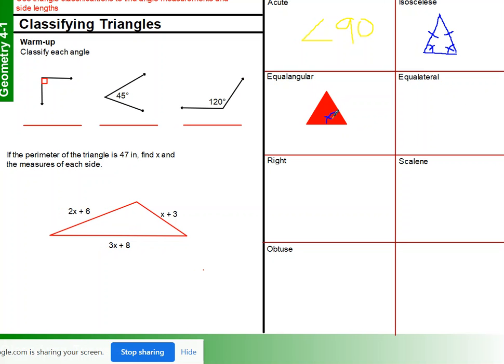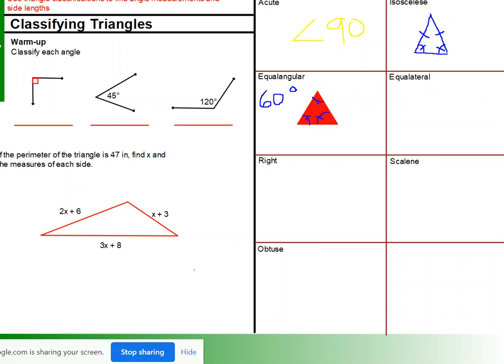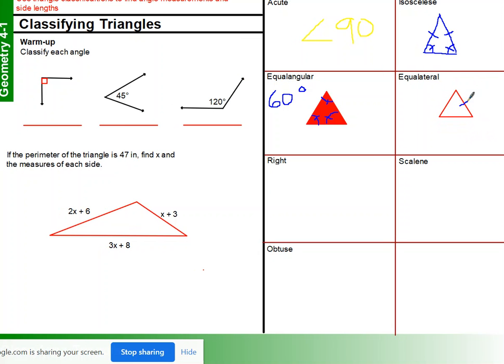And in an equal angular triangle, what are all of the angle measurements? 60. Right. So an equal angular triangle has 60-degree angles. Equilateral means that all of the side lengths are equivalent. And so we can use this little tick mark on all three of them to denote congruency.